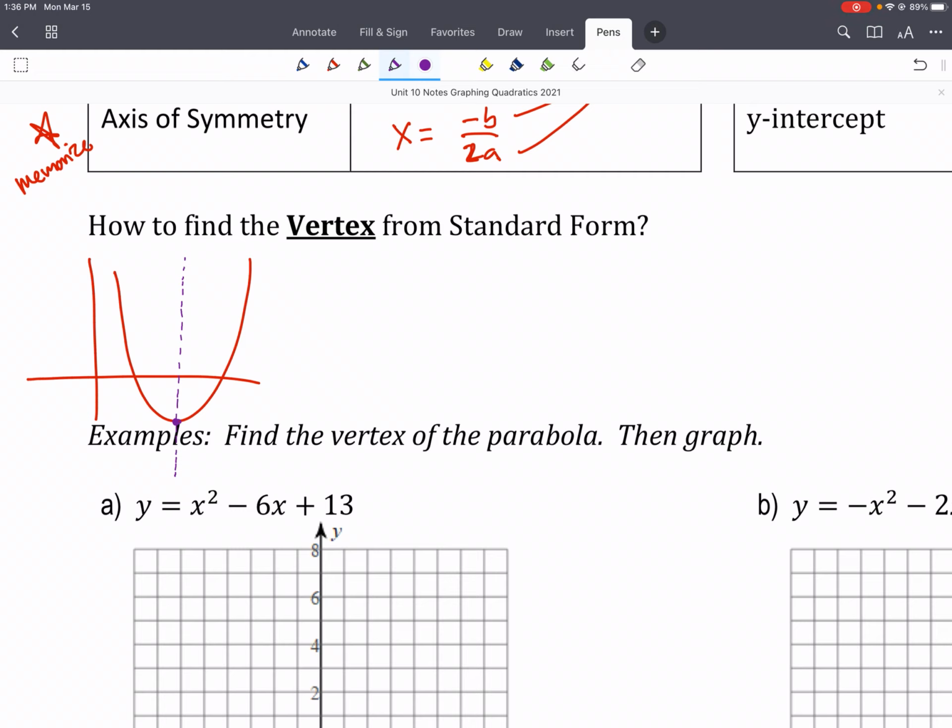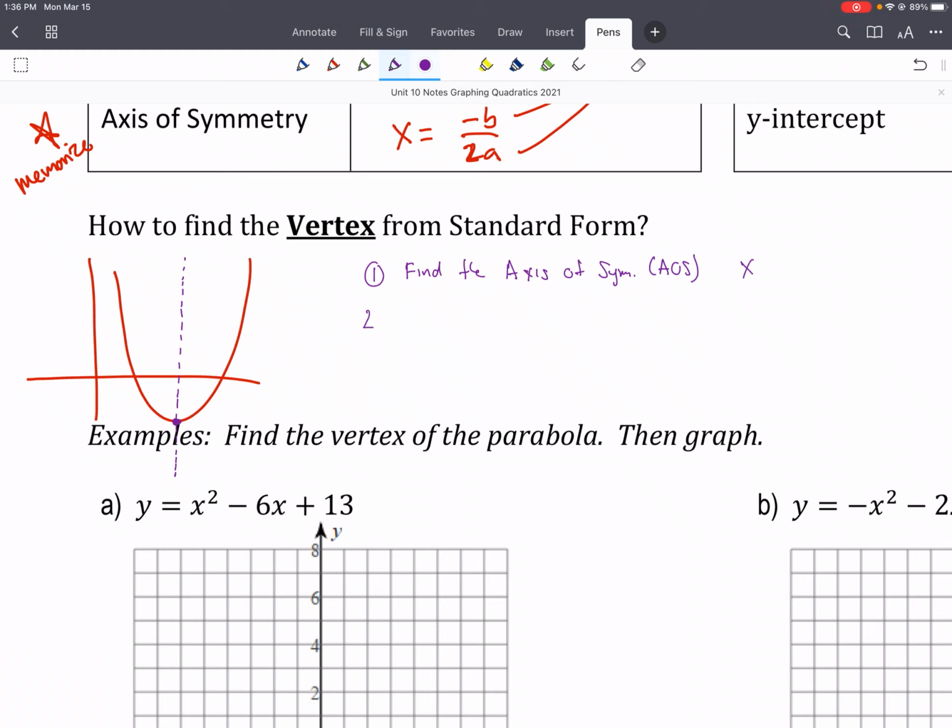So that's our first step, is to find the axis of symmetry. Sometimes I will call that the AOS, just because I don't want to write that all the time. So just so you know, axis of symmetry, AOS. And that ends up giving us an x.